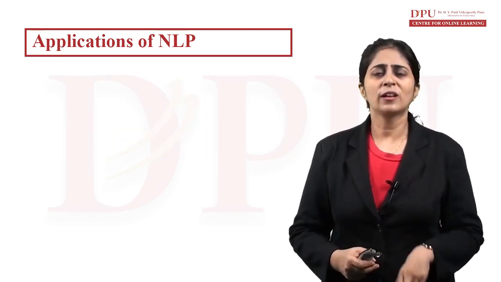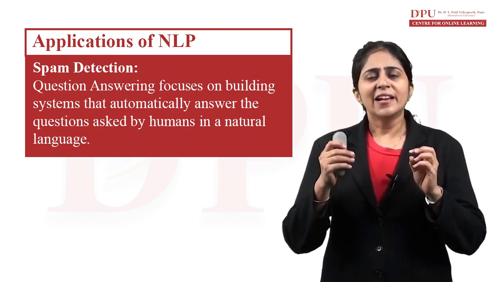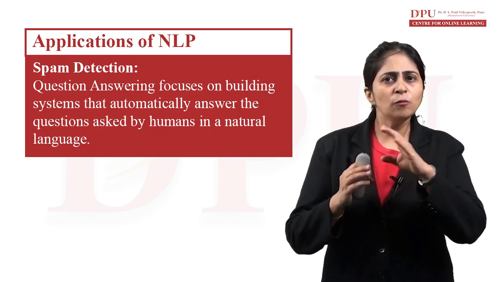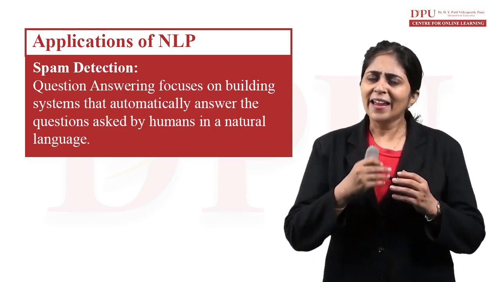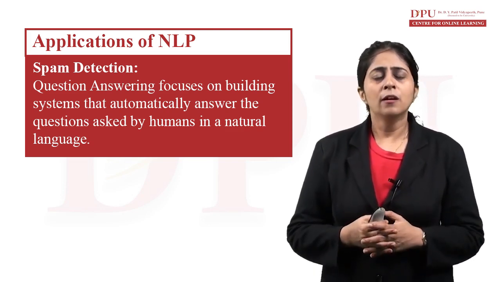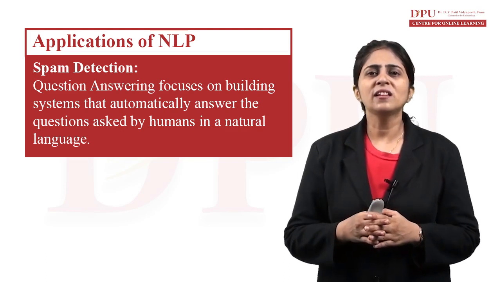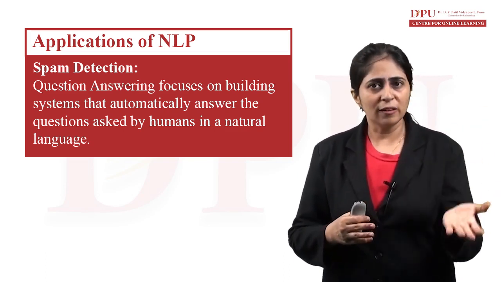Second one, spam detection. What is spam detection? It is used to detect unwanted emails getting to the user's inbox. Every time you receive so many emails in your mailbox, how do they get categorized into spam and your inbox?